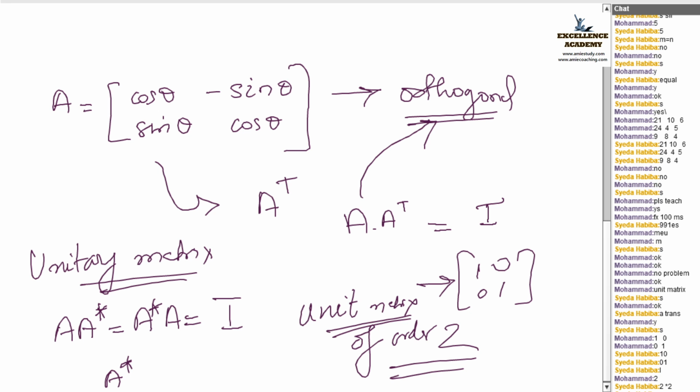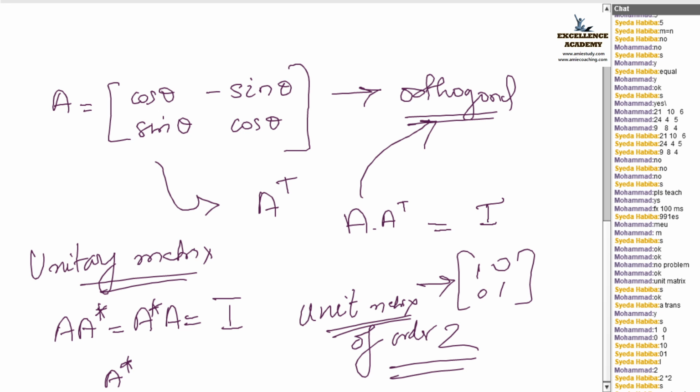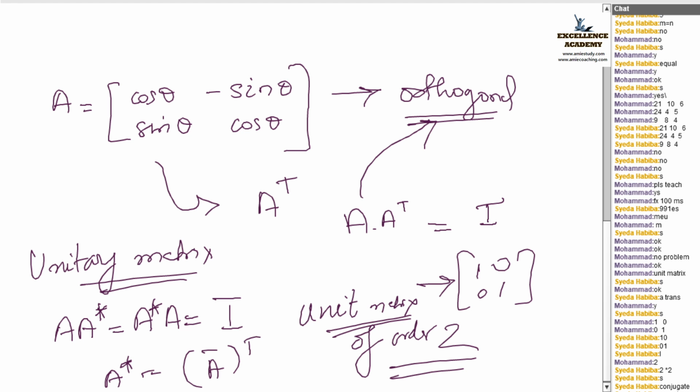Is it for a real matrix or a complex matrix? Complex. A star is the transpose of the conjugate matrix, isn't it? If A into A star is equal to A star into A, then we call it a unitary matrix.